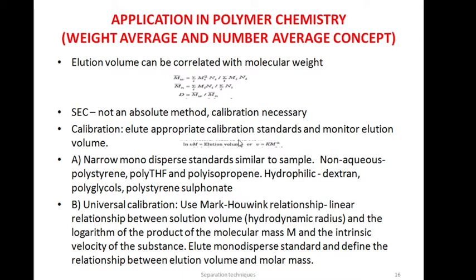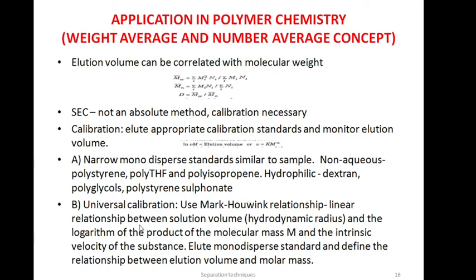So we are going to set this equation: ln M is equal to the elution volume, or V is equal to K M to the power of alpha. When we find out this relationship, we can tell that at a particular volume you have a particular molecular weight compound, or else you cannot say it. In order to tell that, you have to calibrate it.